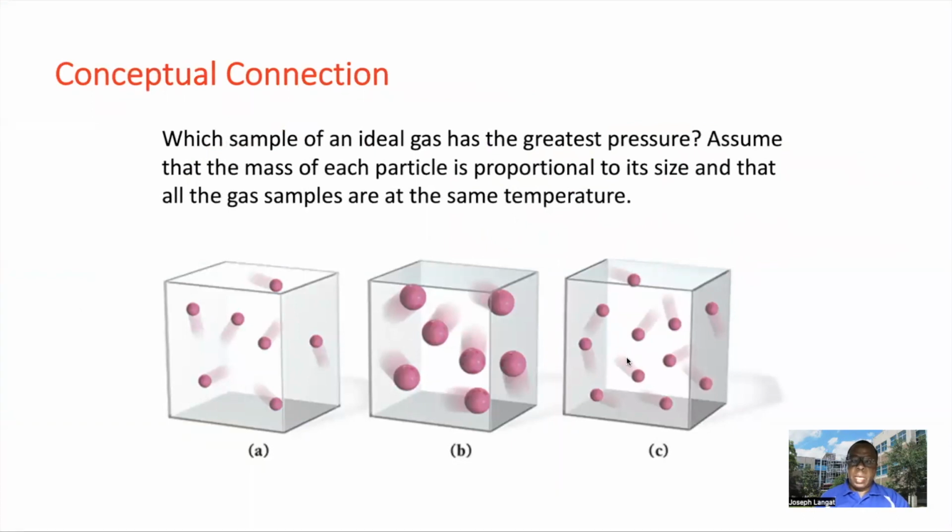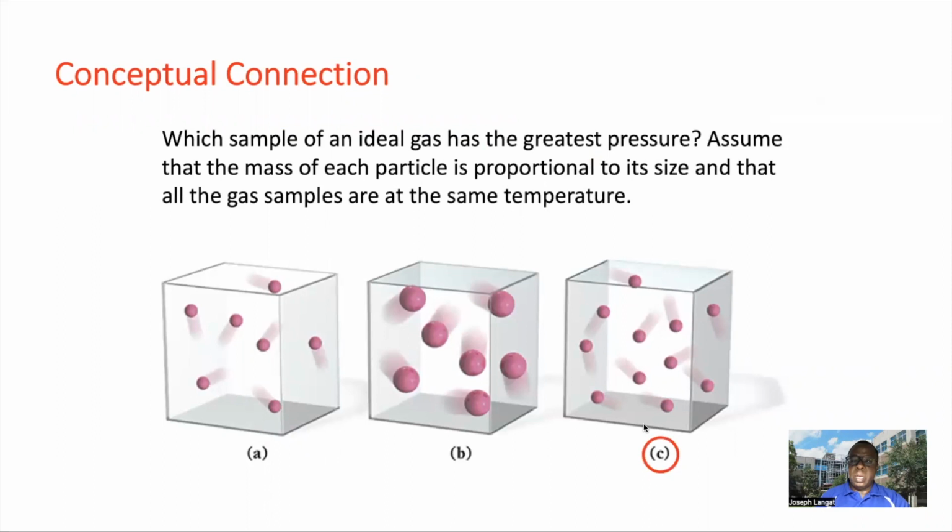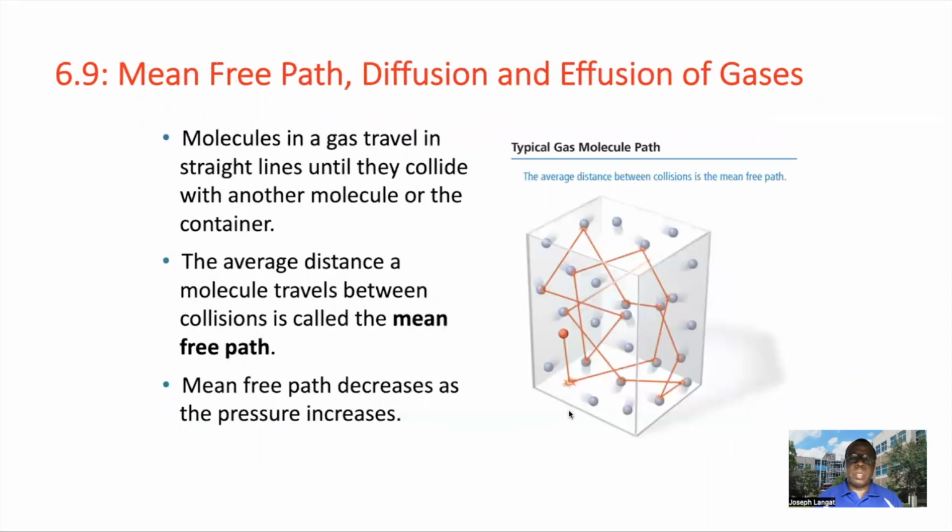Remember what we say: the greater the number of particles, the greater the pressure, and the answer here is C, because we have a greater number of particles at the same temperature and same size.